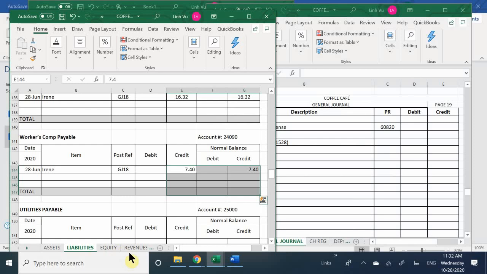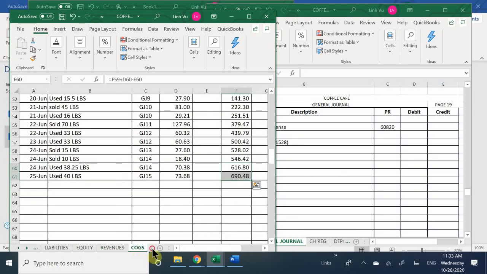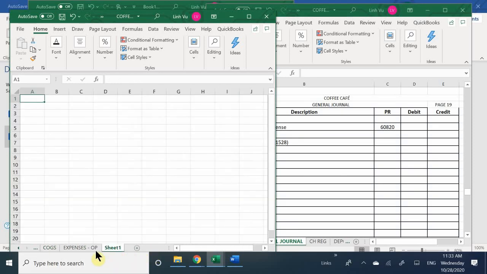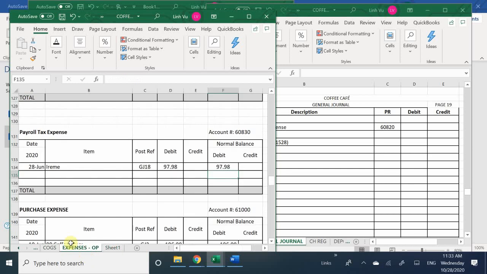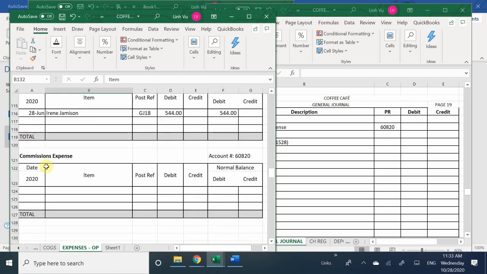So where are we going to go first? Commission expense. Yes. We're going to find commissions expense, which is right here, commissions expense 628. We're going to write Albert.